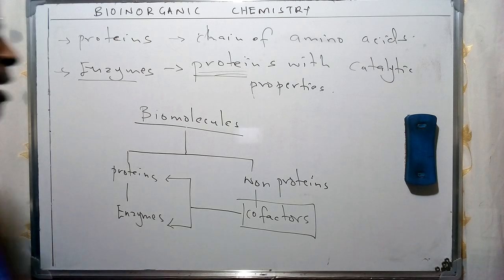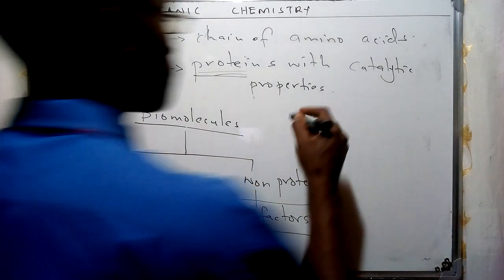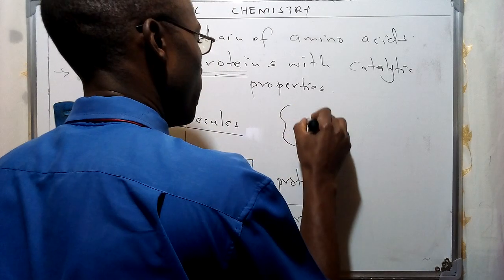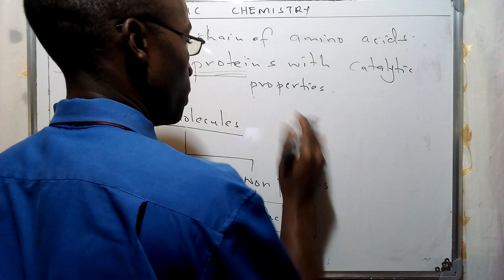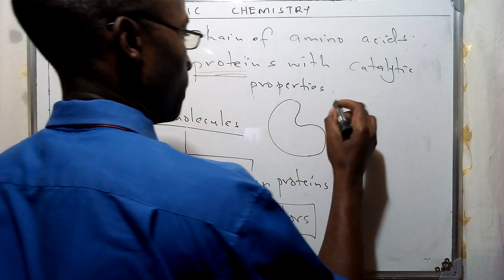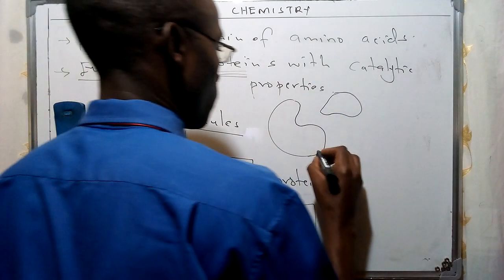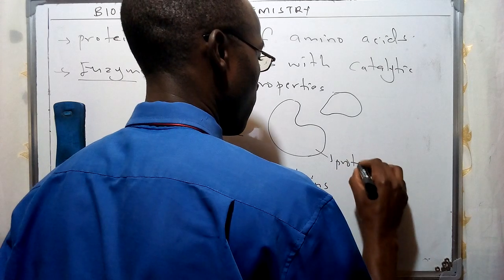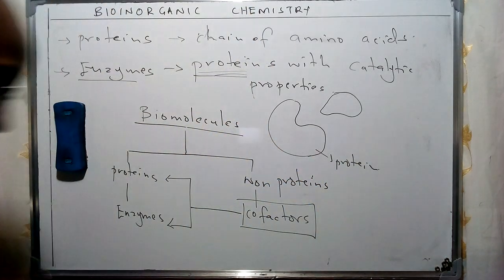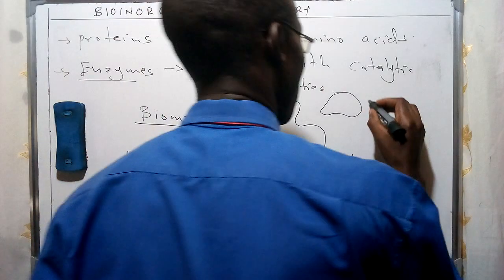So I can give a small illustration of this definition. If we have a protein of this nature, perhaps given as this one for illustration purposes, this is going to be a protein. And if we have this specific protein, we can define this other one as a cofactor.